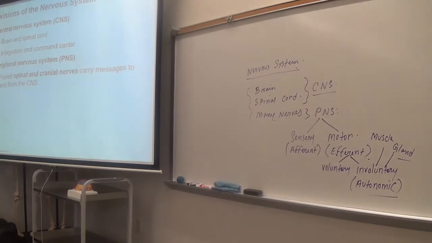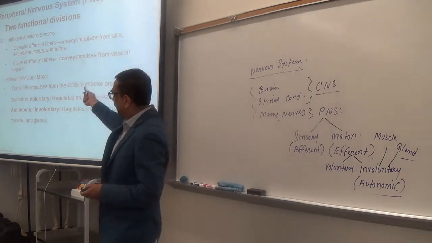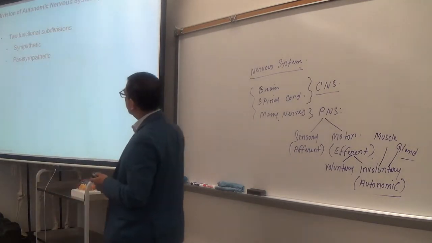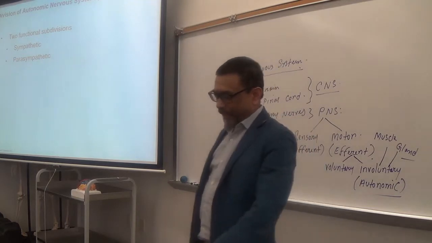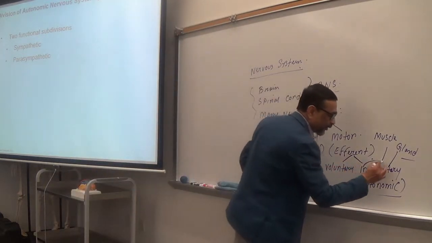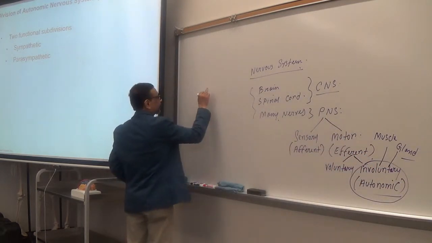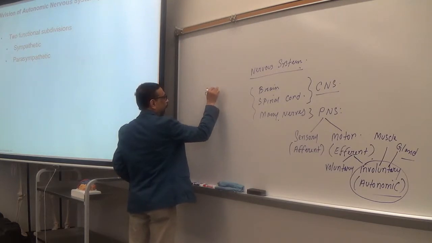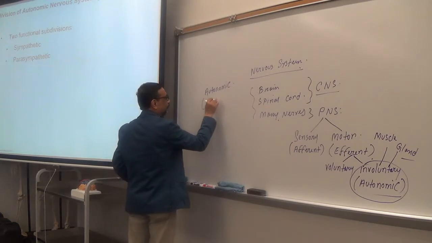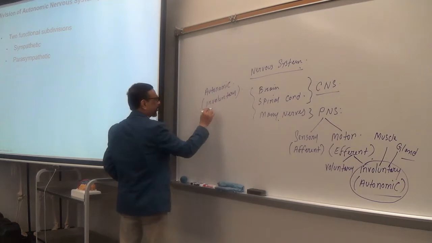Now let's go over. You see sensory afferent, motor efferent, voluntary, involuntary motor. Now the involuntary or autonomic could be two types.